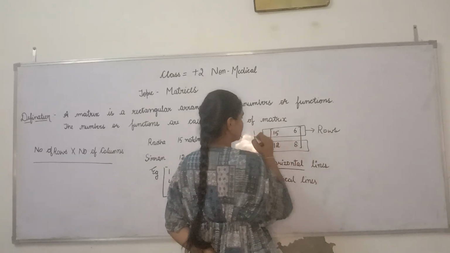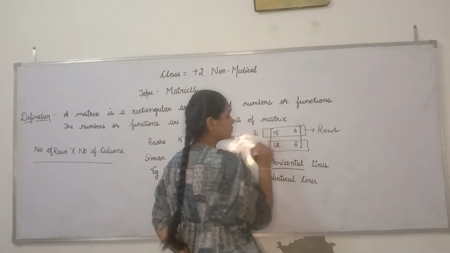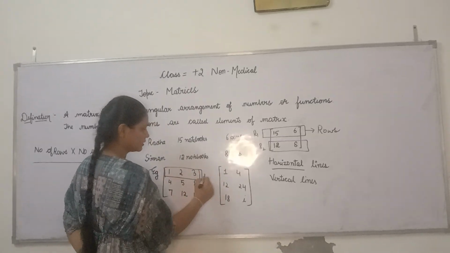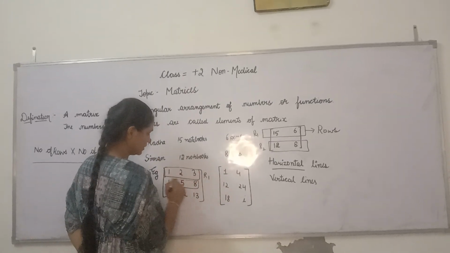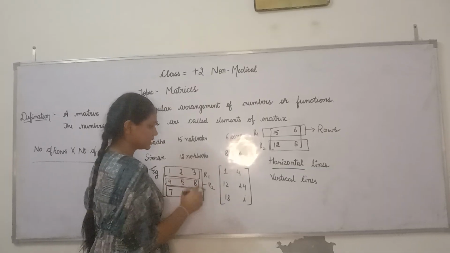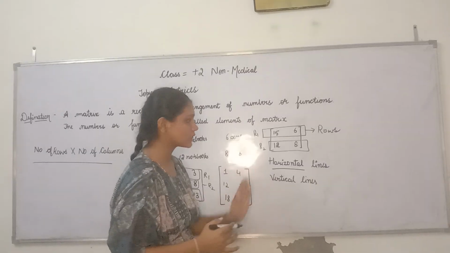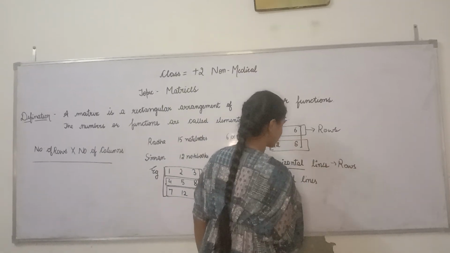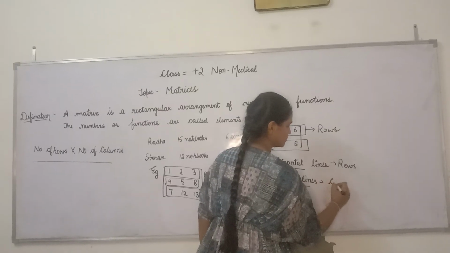This is row 1 and this is row 2. And again in this one, this is row 1, this is row 2, and this is row 3. These horizontal arrangements are called the rows, and vertical arrangements are called the columns.